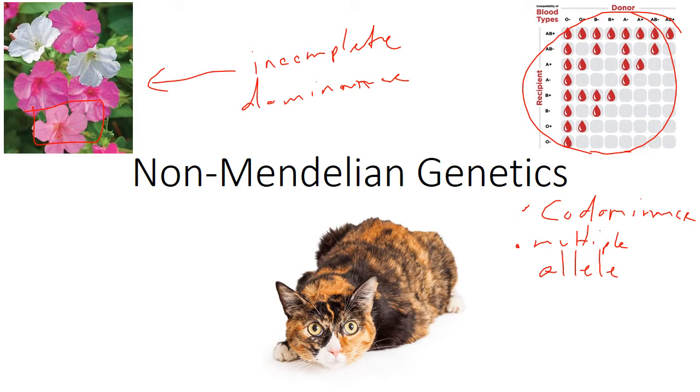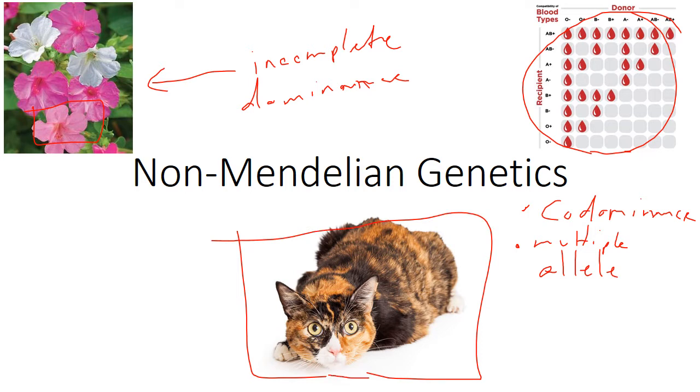And then last but not least, what we're going to be talking about today is sex-linked traits. Sex-linked traits means it's on the sex chromosomes, not the autosomal. Real quick, autosomal means chromosomes 1 through 22, where sex links are your 23rd pair, or your X chromosomes.